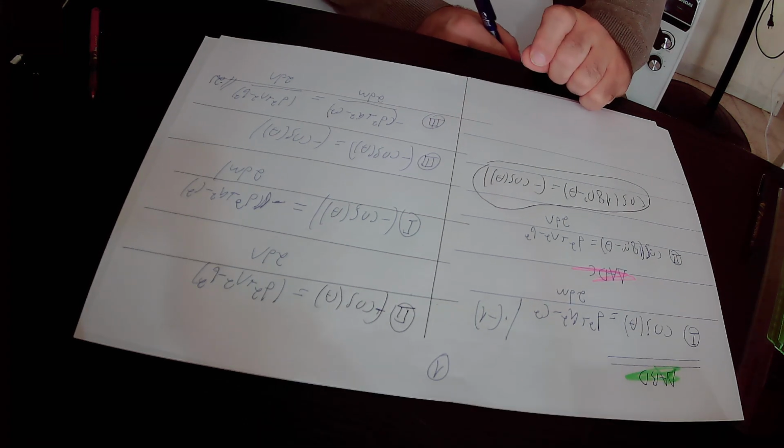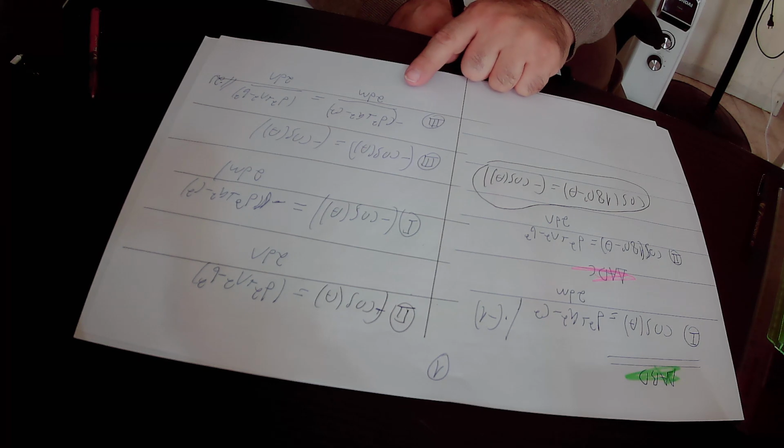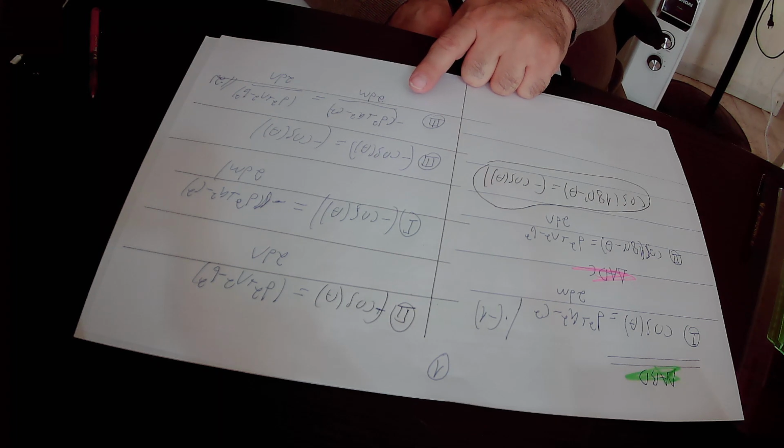So in the denominator of this side of equation number 3, we are left only with m. The numerator didn't change. The numerator stays as minus d square plus a square minus c square.